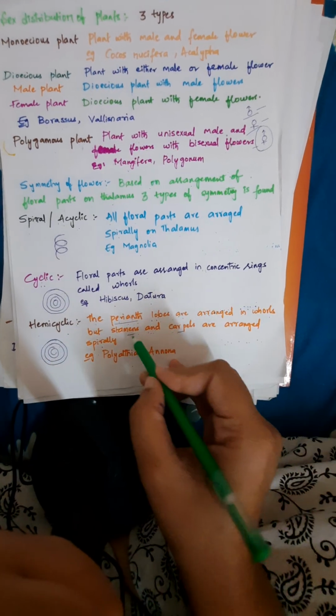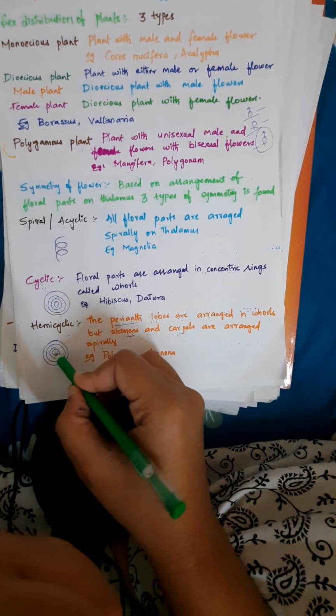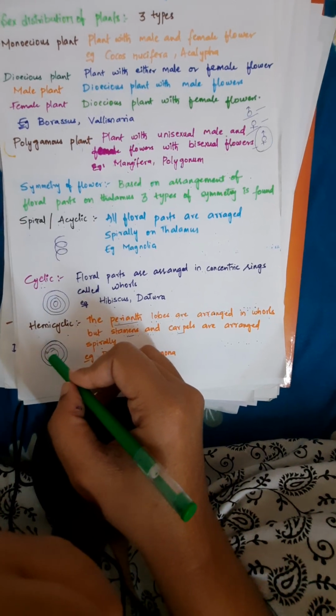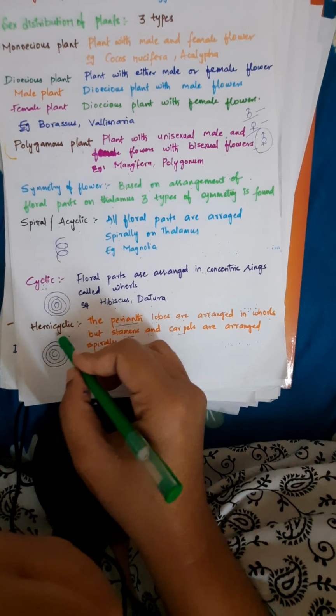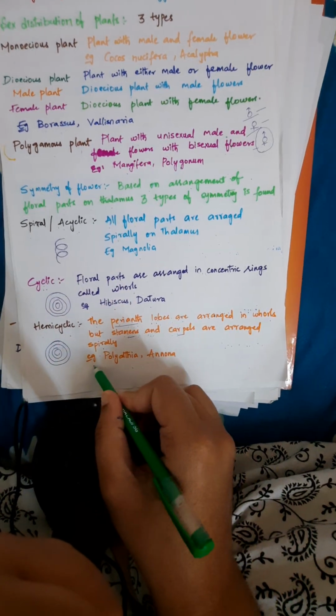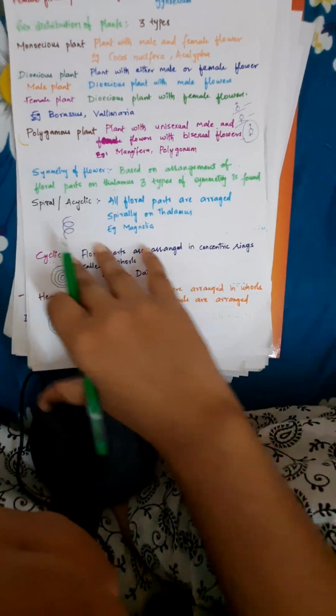The remaining two, stamens and carpels, are arranged in a spiral. So these are not completely cyclic arrangements, so we call it hemicyclic. Examples for this are polyalthia and annona.